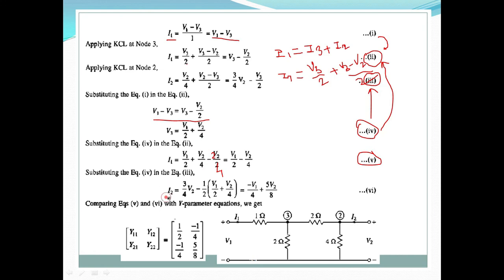So I2 is equal to 3 upon 4 V2 minus 1 upon 2 times (V1 upon 2 plus V2 upon 4). Hence the equation is 3 upon 4 V2 minus V1 upon 4 minus V2 upon 8.